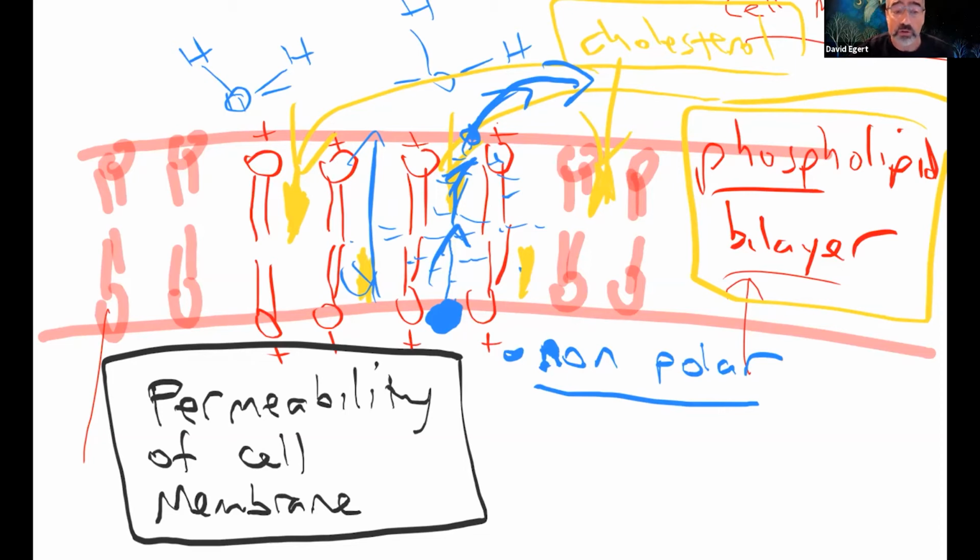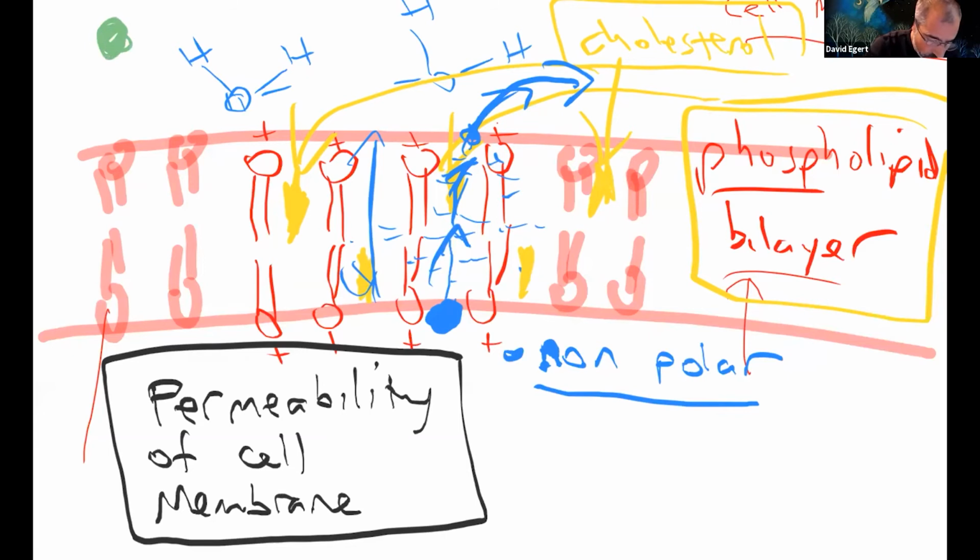What about polar things? Is a polar molecule going to be permeable? Yes. Why? Well, isn't there going to be some sort of issue with the polar head? Isn't there going to be some sort of repulsion that could potentially happen?